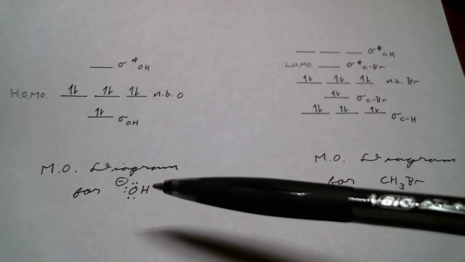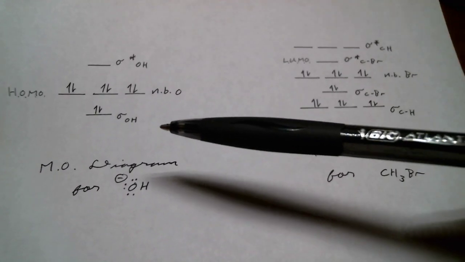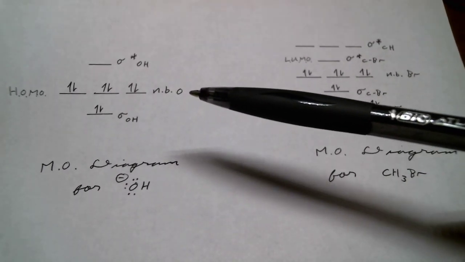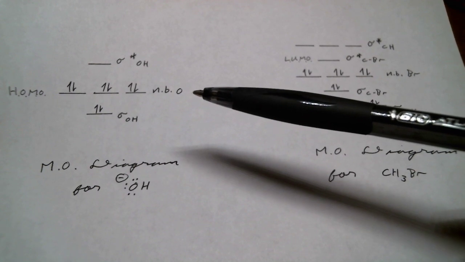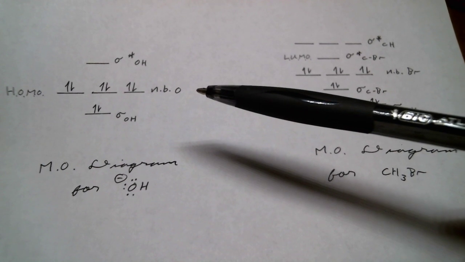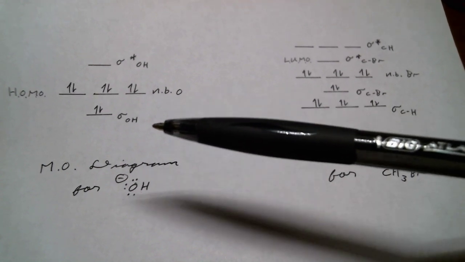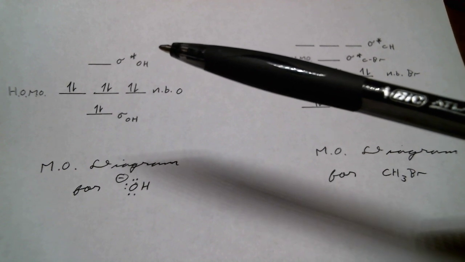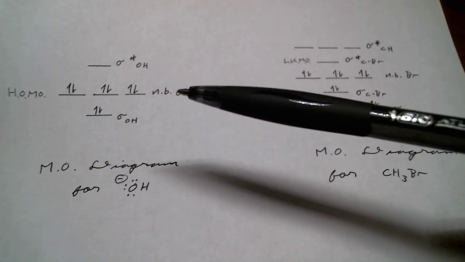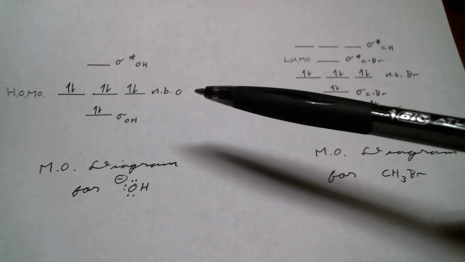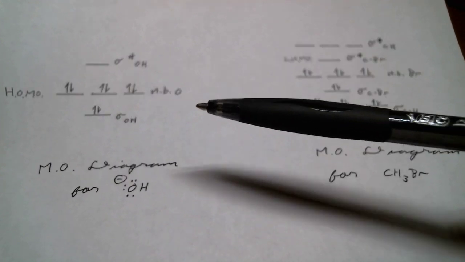We obviously must have an oxygen-hydrogen bond, so we have a sigma OH, a sigma star OH, and then a bunch of non-bonding pairs of electrons on oxygen. And so because the non-bonding orbitals go in between bonding molecular orbitals and antibonding molecular orbitals in terms of energy, our highest occupied molecular orbital will be a non-bonding pair of electrons on oxygen.